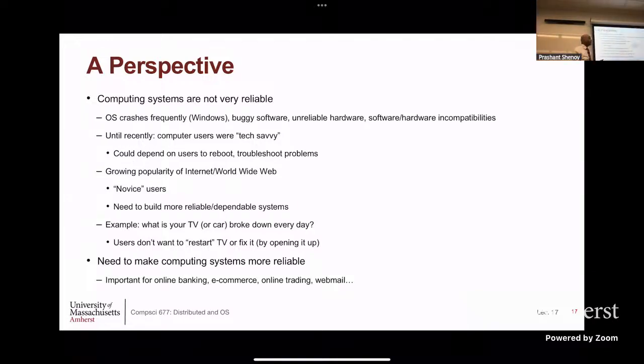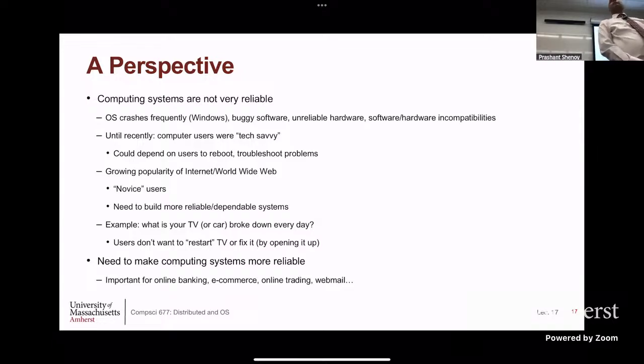So let's now assume that distributed systems have become pervasive. Almost anything you buy has a piece of software in it and a computing device built in. TVs are now smart TVs, so it is basically a computing device. If you tell somebody every 3 days your TV will hang and you've got to restart it, they are not going to be happy.